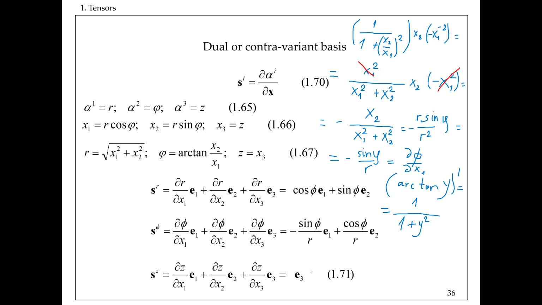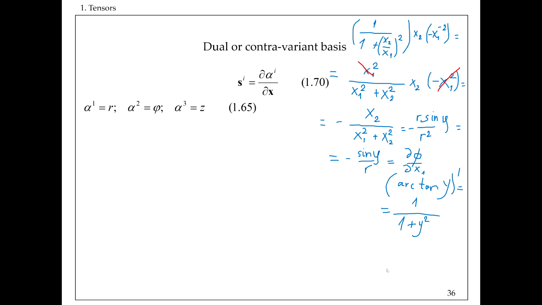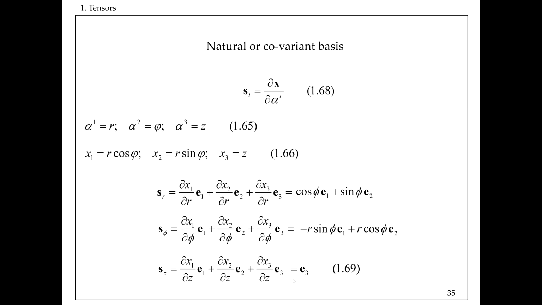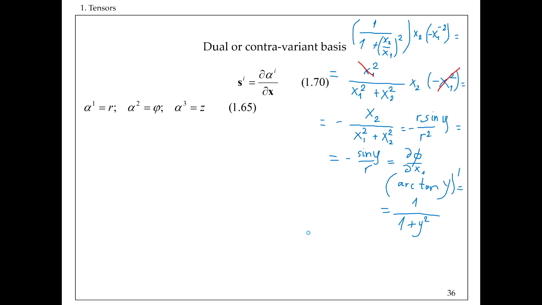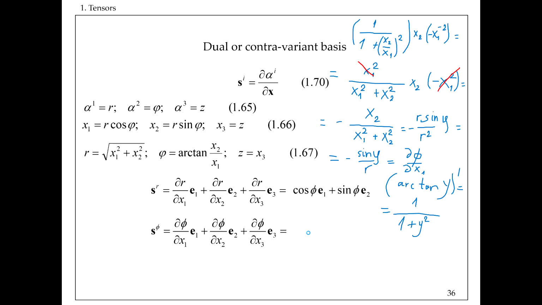Now we can notice, going back to the previous slide 35, that here we also had the same e3, and the same e_r. The only difference is that the structure is similar, but here we have a multiplier of r, and in the dual, or contravariant, basis that we define somewhat differently, we are not multiplying by r, but dividing by r.